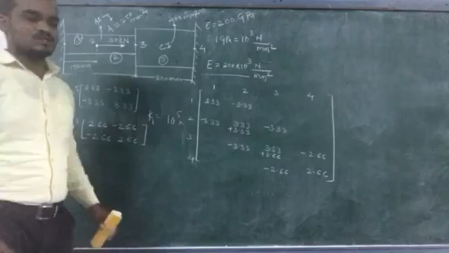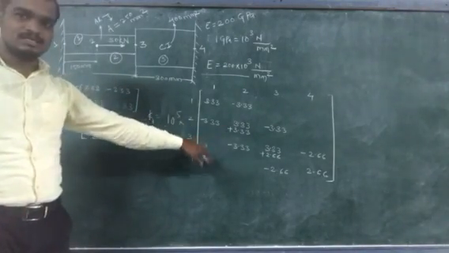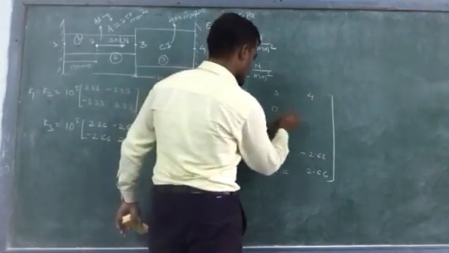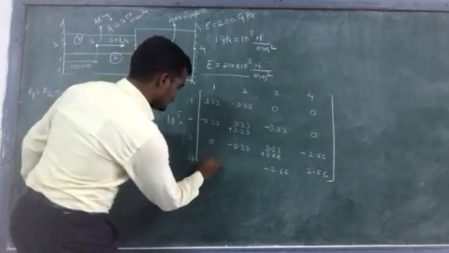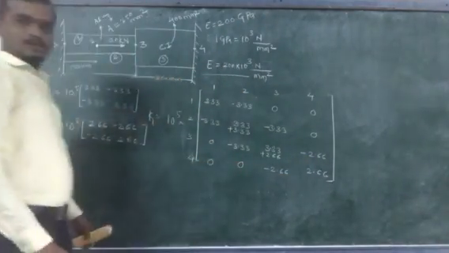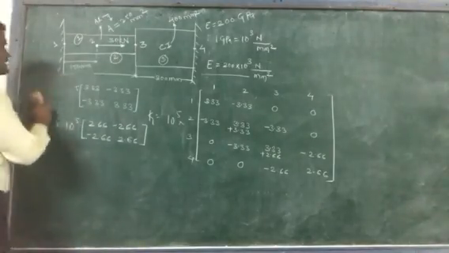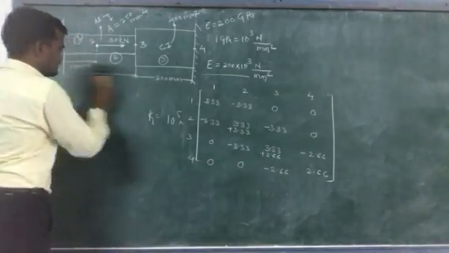Okay. So in this way you can write your global stiffness matrix. The remaining elements will become equal to 0. So this is the global stiffness matrix, and this can be written by using your elemental stiffness matrices.